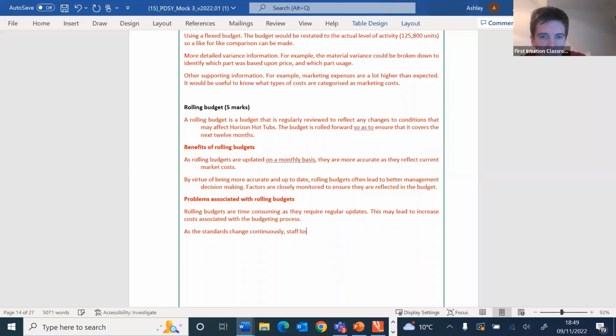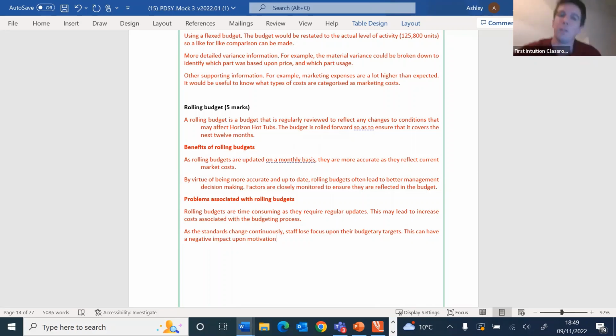staff lose focus upon their budgetary targets. And as you said there, Amelia, this can have a negative impact upon motivation. Yeah.